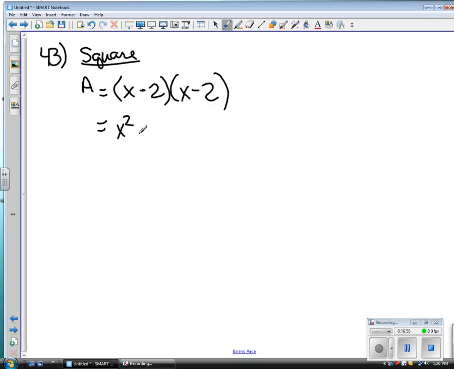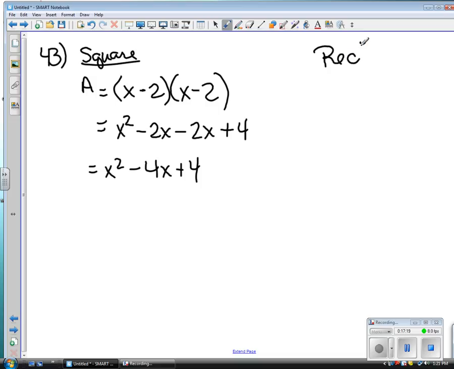Outside, X times negative 2, negative 2X. Inside, negative 2 times X. Our last terms, negative 2 times negative 2. Negative times negative is positive. Add the things that are alike, so I get X squared minus 4X plus 4. That's my square, correct? Okay.